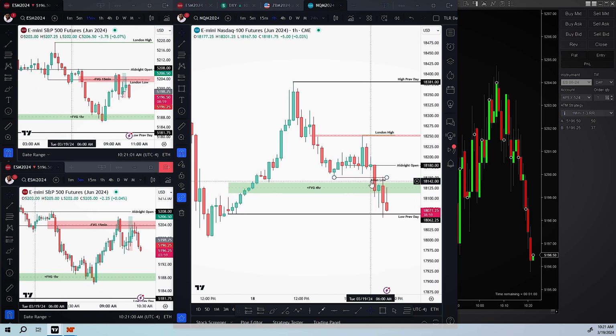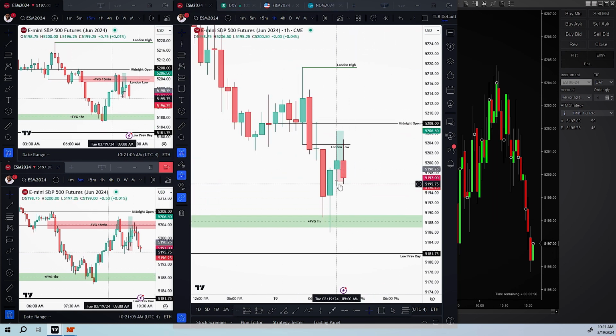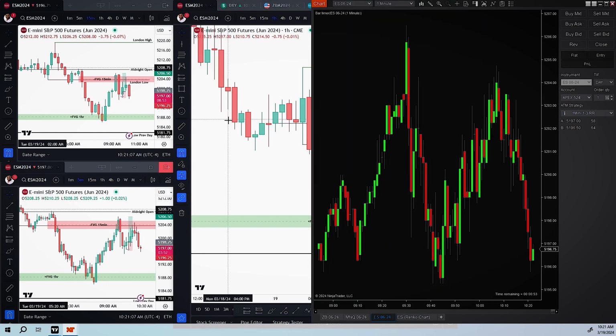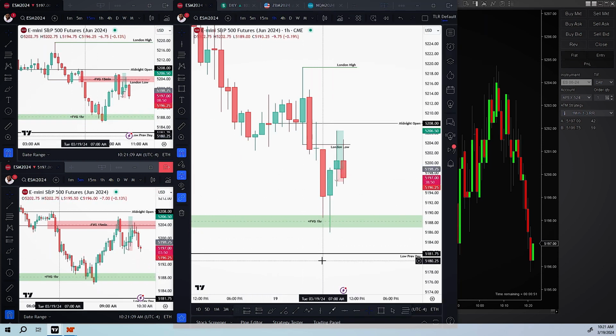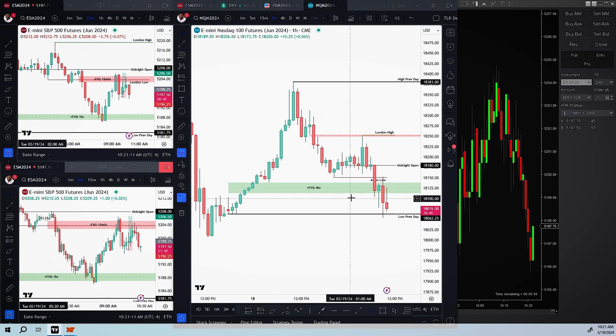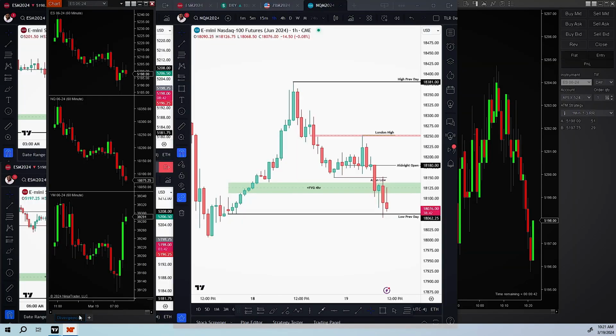So initially, I was trying to get short. My initial idea was to try to get short and come down toward the low because the NQ had taken the low. And then I was looking at the divergence with the Dow, and the Dow was screaming up and the NQ was going down.